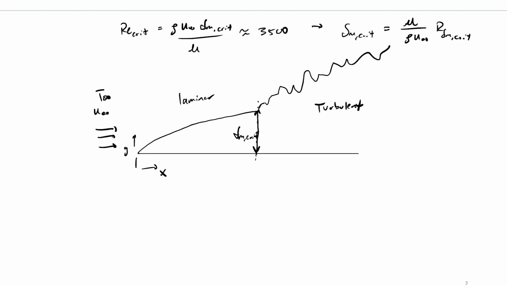So, all right, let's figure out how we get to that normal, well-known number, 5e to the 5th. Let's use our definition up here, delta M critical, and relate it to the previously understood definition of Reynolds number in terms of x.